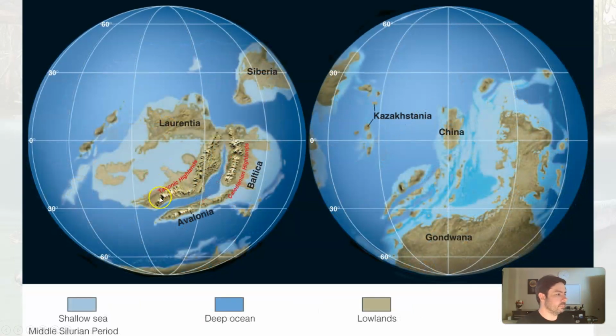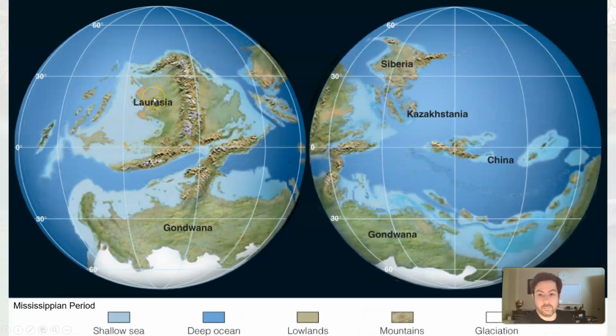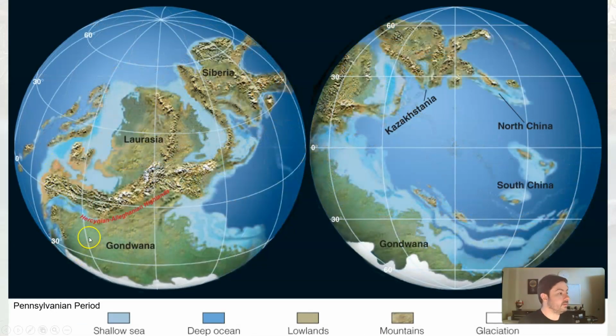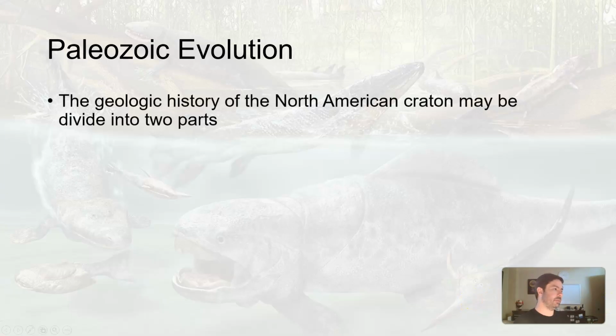Waters regress, leaving additional mobile belt mountain activity, more water coming in, water leaving again, more tectonic activity leading to these mobile belts and mountainous regions, as we finally end the Paleozoic era with the creation of the supercontinent Pangaea.